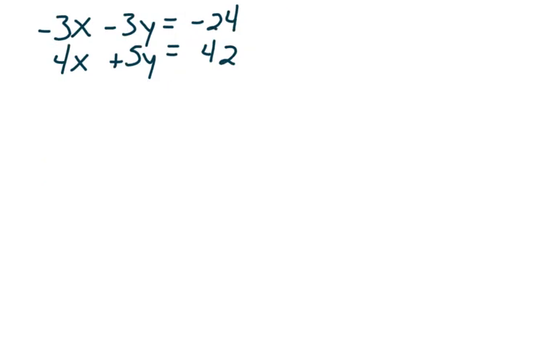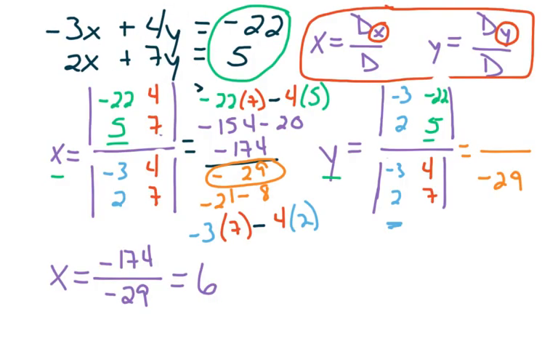And now again, it's just finding that determinant. So I have -3 times 5 minus negative 22 times 2. Let me write that down here maybe. So we had a negative 3 times 5 minus, and again, that minus is not the same thing as the negative on the 22, times 2.